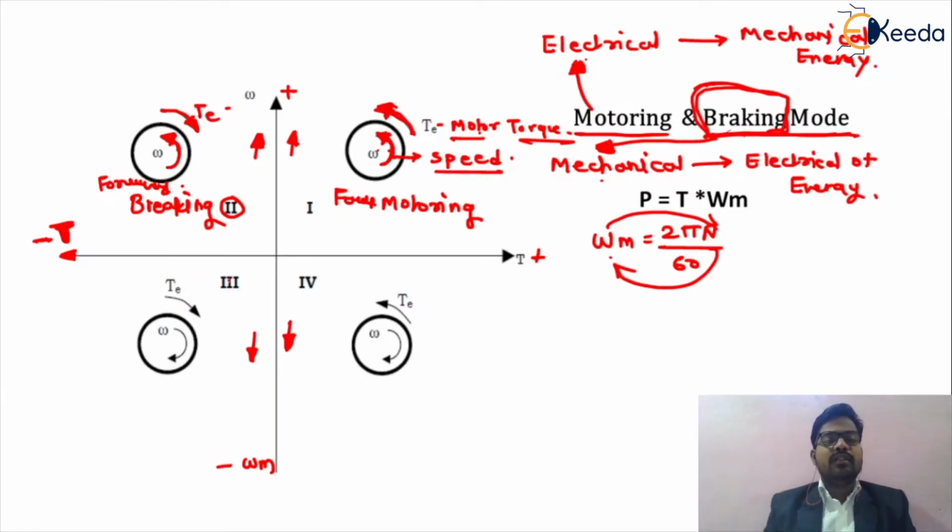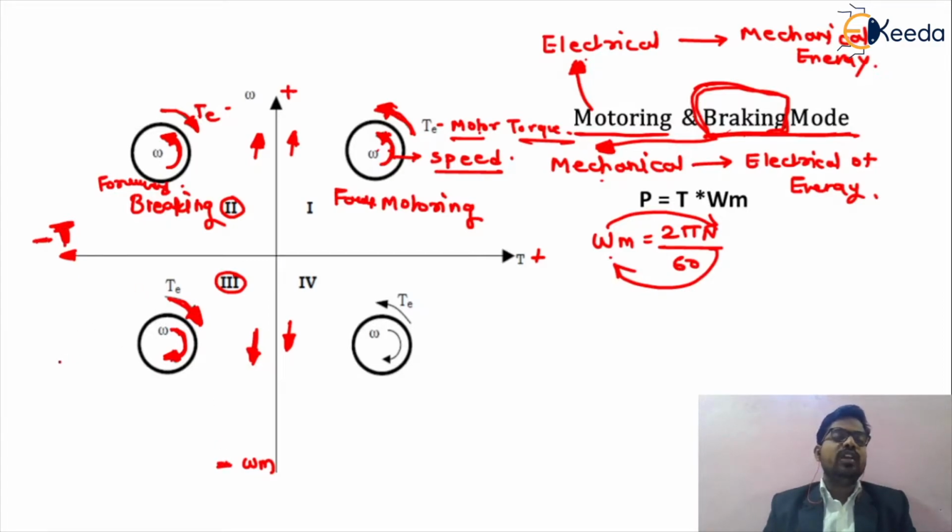Forward braking mode. Friends, in the third quadrant of operation, we can see the direction of speed is now reversed, because previously it was anti-clockwise, now it is clockwise, and the directions of torque and speed are again the same but in the negative direction. The value of speed is negative, and obviously the value of torque is negative.